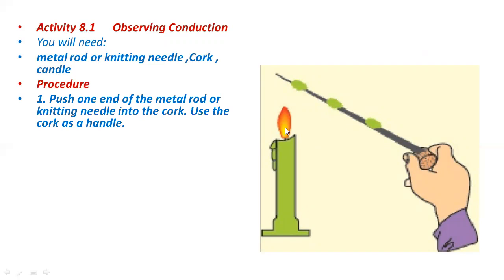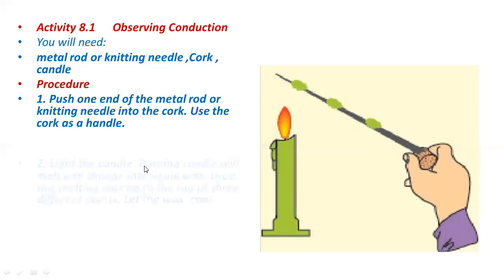Turn on the candle and put some melted candle wax on three positions of the knitting needle: position 1, position 2, position 3.